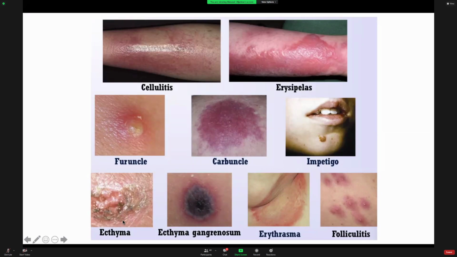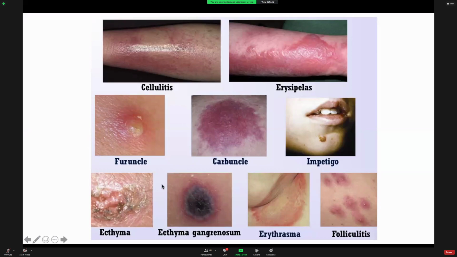Now let's go to ecthyma and ecthyma gangrenosum. Can anyone describe ecthyma? Is it deep or superficial? Deep. Okay, it's deep, and we can see it's what we call an ulcerative lesion.